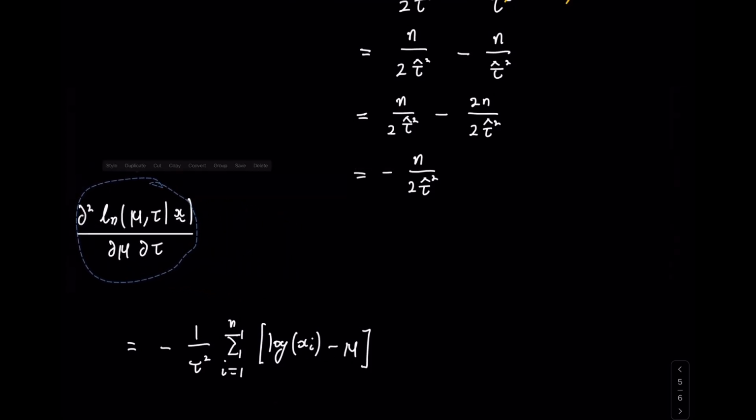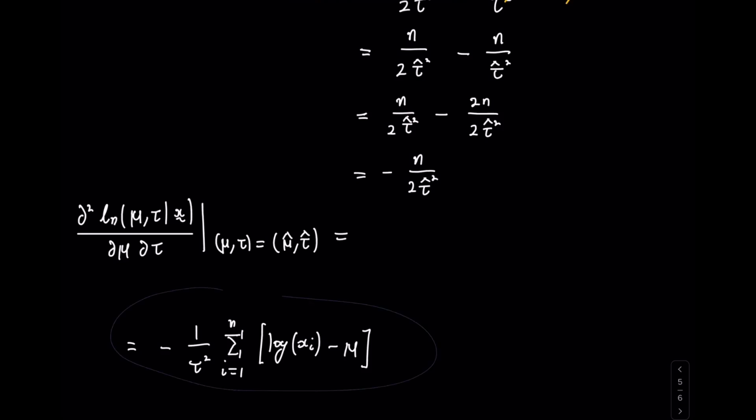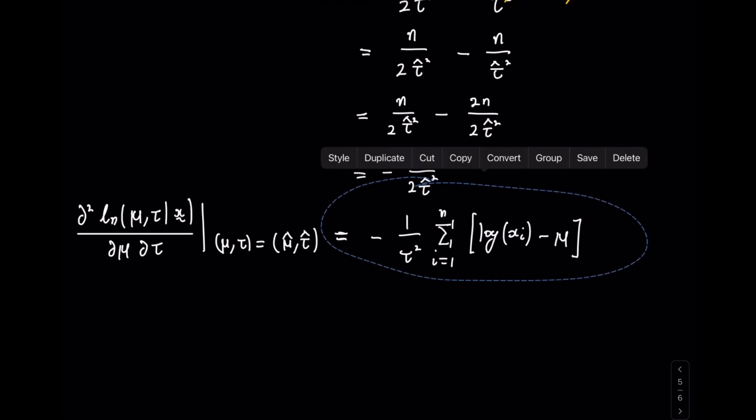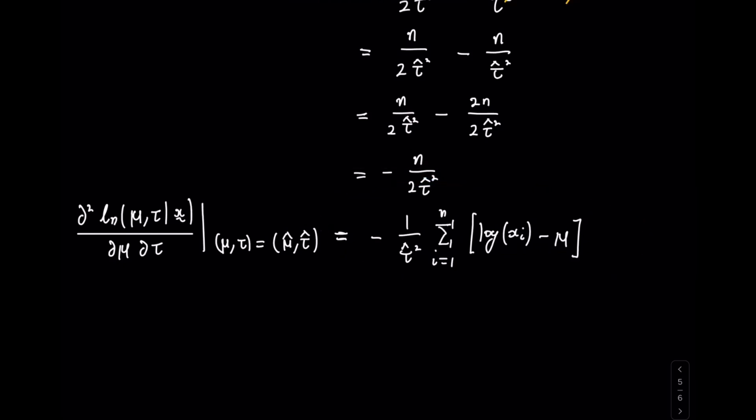and now we need to remember to evaluate this at mu, tau equal to mu hat, tau hat, which now we're going to put into our expression, which in this particular instance, we're going to put our hats on everything, is equal to, well, quite simply, we're going to recognize the condition of mu hat.